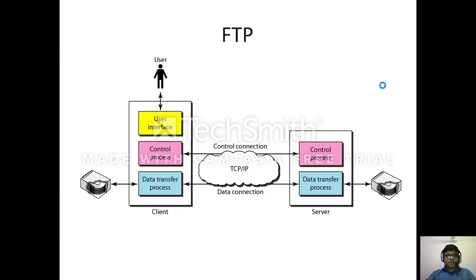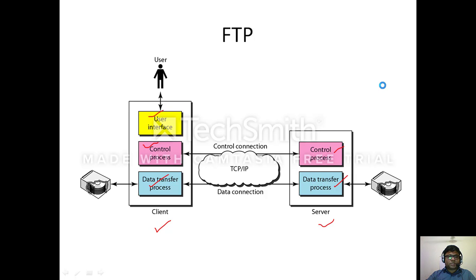This can be seen here. This is the basic model of FTP. Here we have a client side and here we have a server side. At the client side, we have three components: user interface, control process, and data transfer process. And at the server side, we have two components: server control process and server data transfer process.